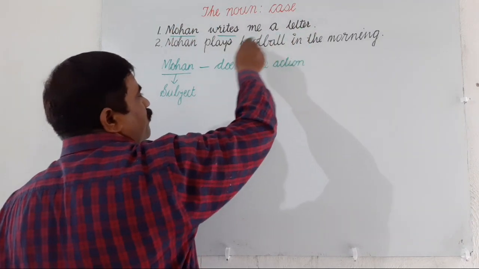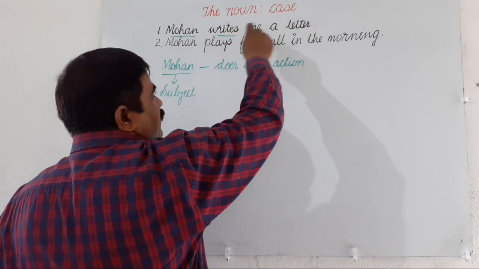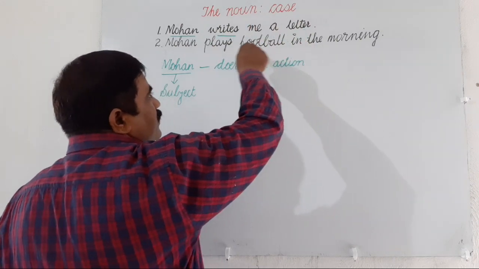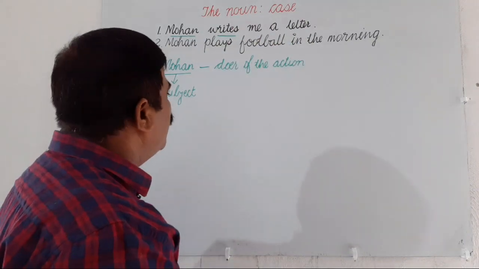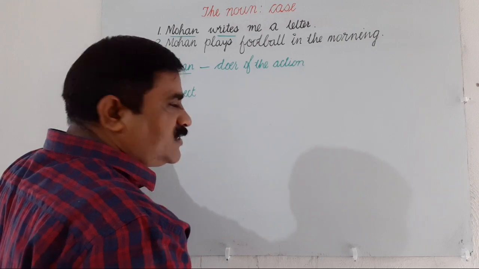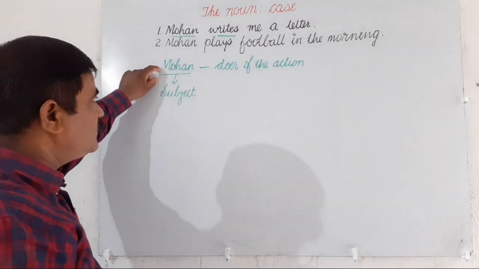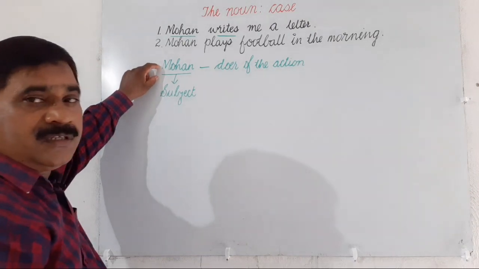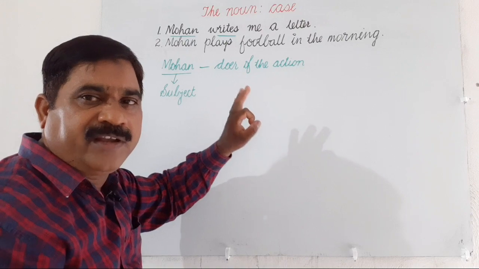Hence, this group of words, writes me a letter, is called predicate. So, Mohan is the subject. Mohan is the noun. This noun is used as the subject. Keep it in your mind.